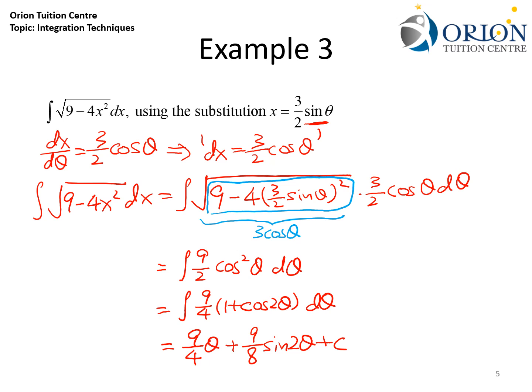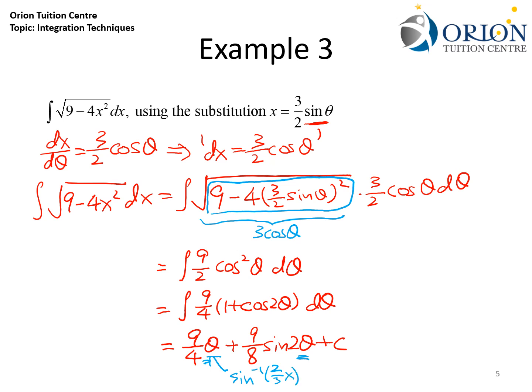And note again that our answer is now in terms of theta, and we have to change it back into terms of x. For theta, it will simply be sine inverse of 2/3 x. But what about sine of 2 theta?